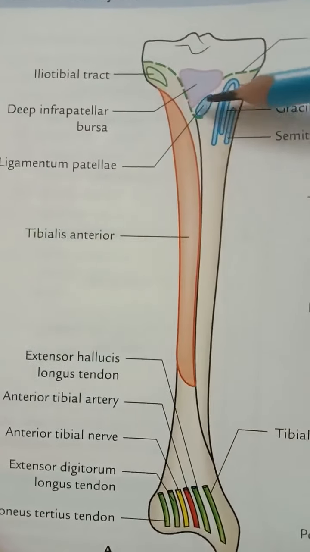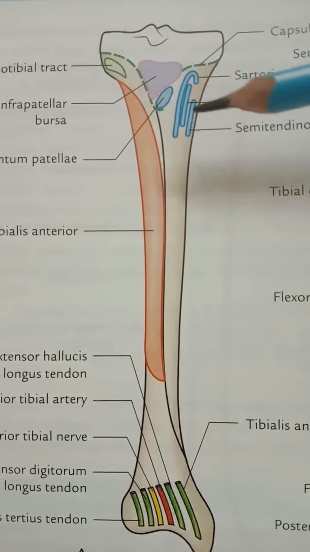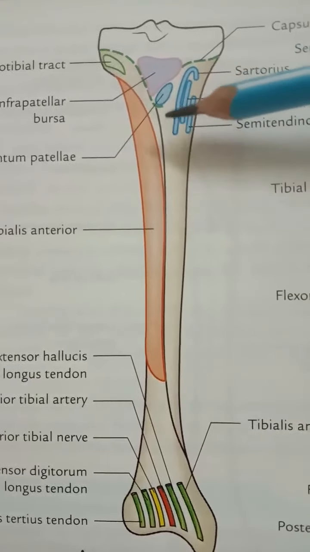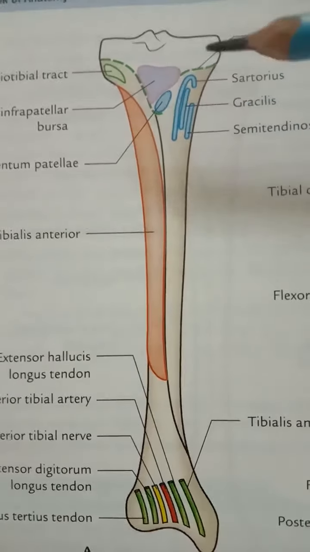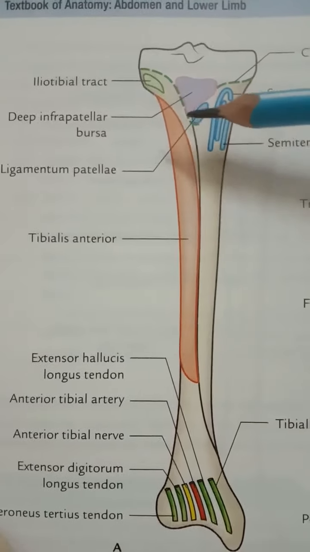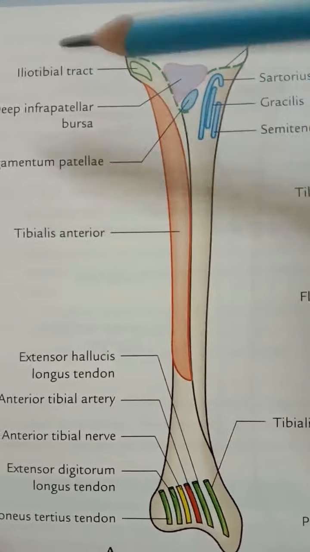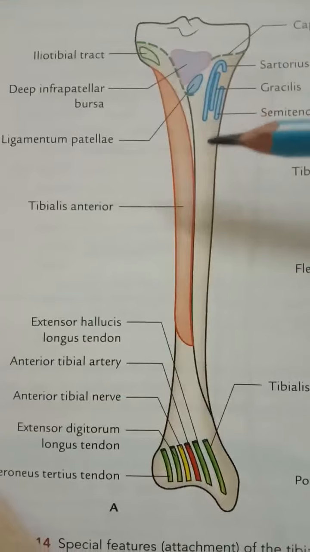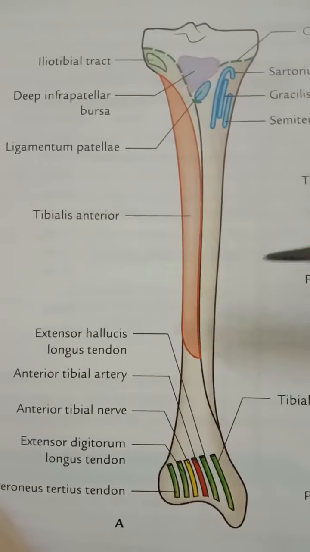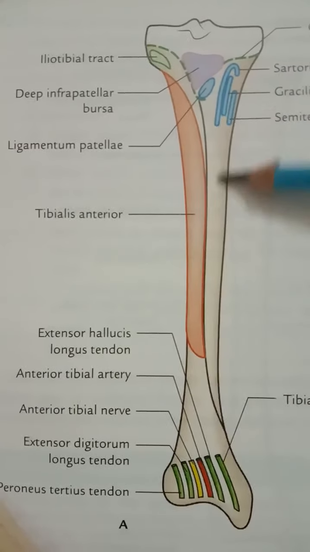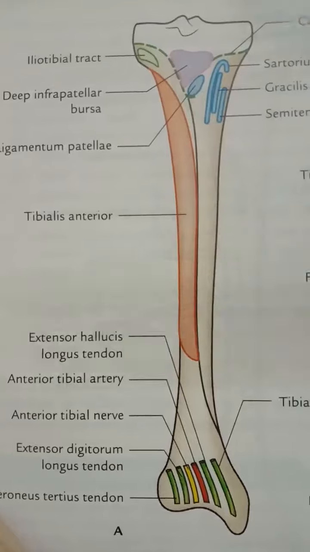Then the lower rough area of the tuberosity is subcutaneous, but it is separated from the skin by the subcutaneous infrapatellar bursa, so here this one. Then the attachment to the shaft of the tibia: the tibialis anterior arises from the upper 2/3 of the lateral surface.